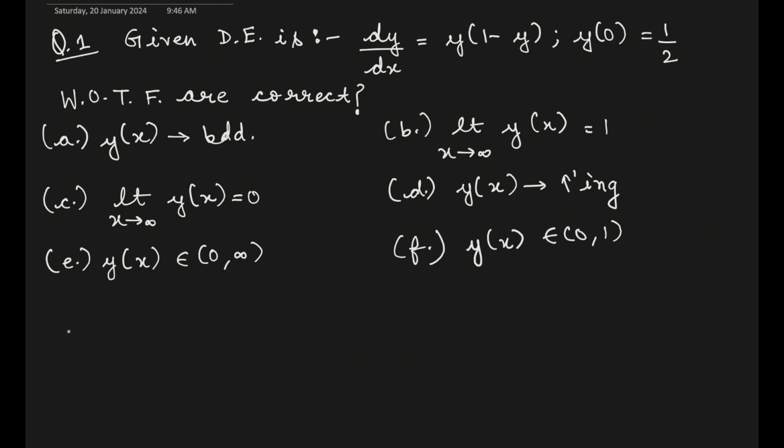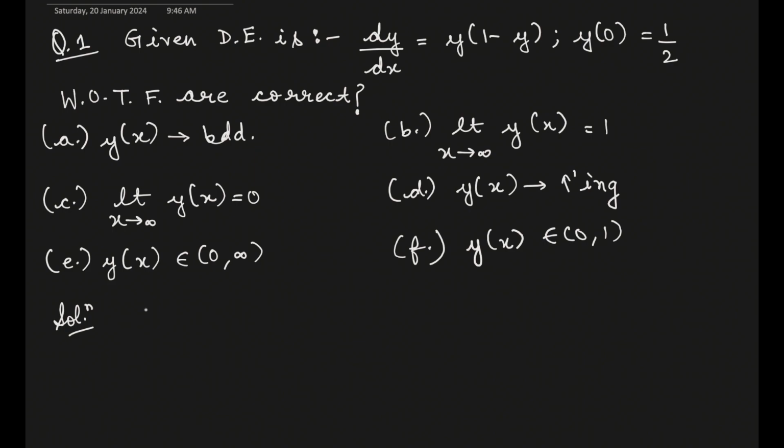Option C is y tends to minus infinity or infinity as x tends to infinity. So option A, bounded between 0 and 1.